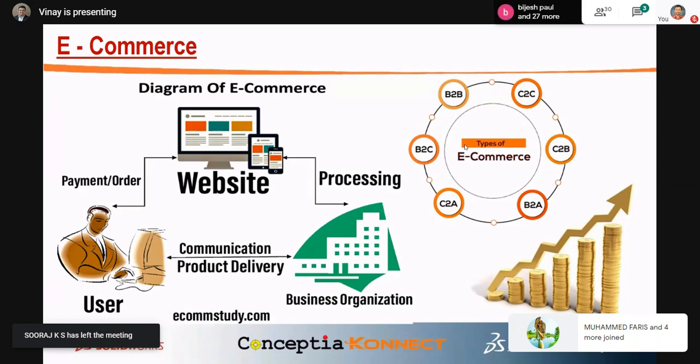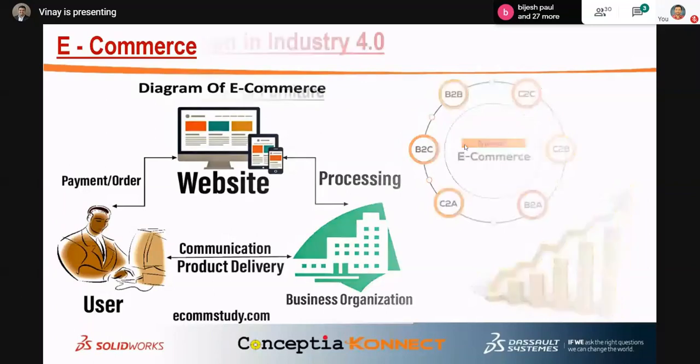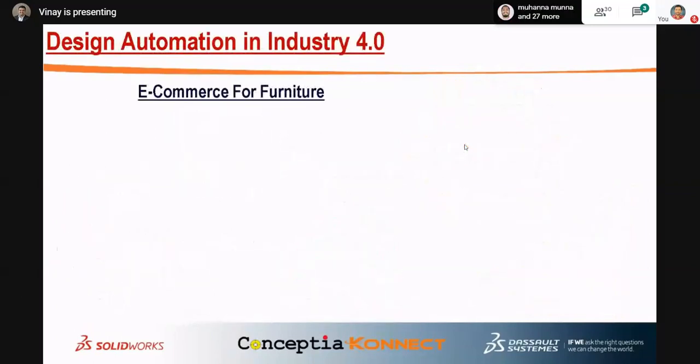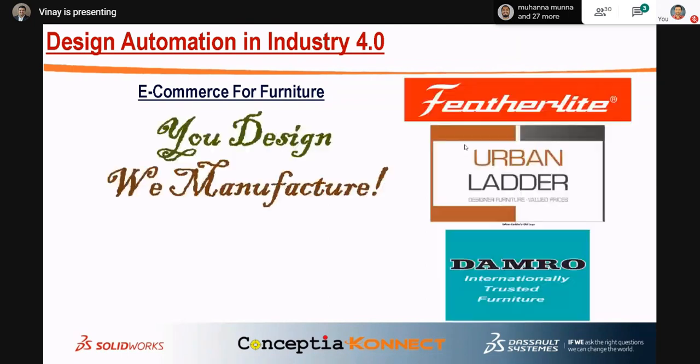That is the trend going on now. For e-commerce I have taken furniture as an example. I have taken three to four top furniture companies in India. They will tell you: you design, we manufacture for you. What is that concept?